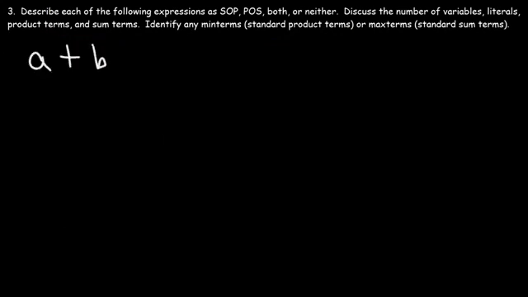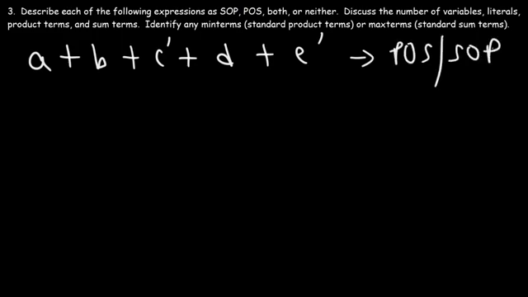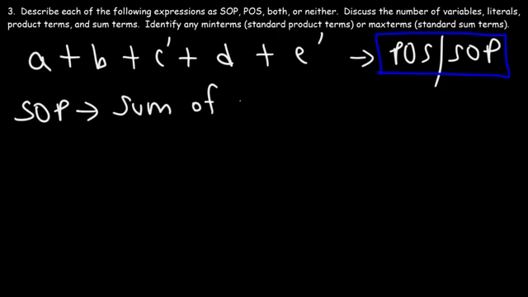Consider the expression a plus b plus c prime plus d plus e prime. Can we describe this as an SOP or POS expression? Like the other example, you could represent it as both POS and SOP. As an SOP expression, we can say that this represents the sum of 5 product terms.